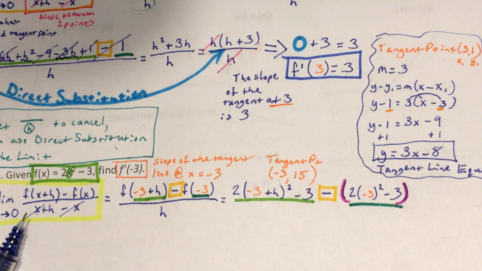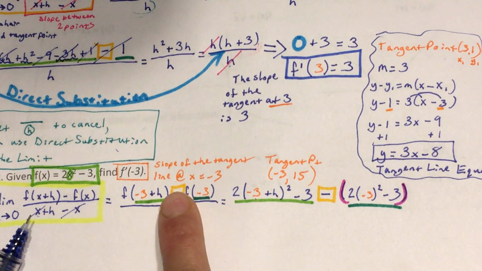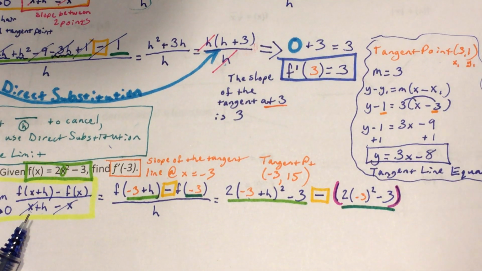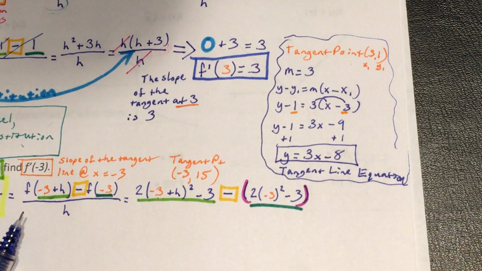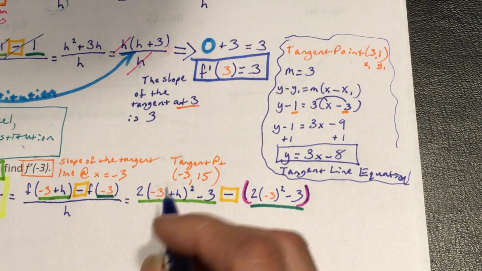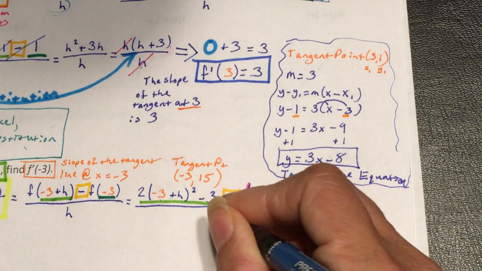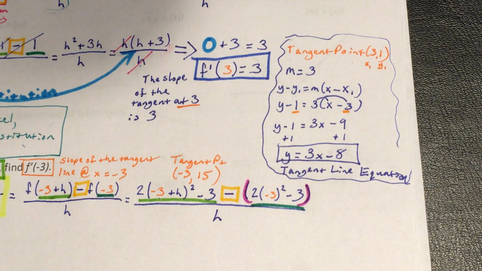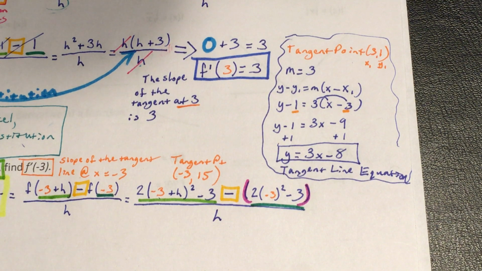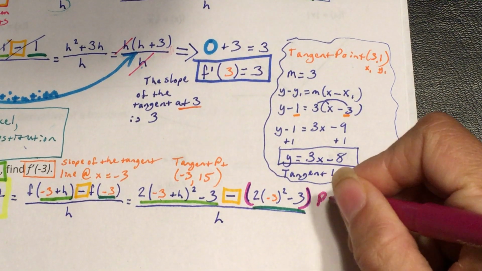So you can see why there's a lot of negative 3's going on here, and this is why I kind of like to underline and box that negative just to kind of keep my work a bit more organized so I can tell what it is I am doing. Also, don't forget, after we do all that plugging in, this is still all over h. So before we move to the next step of simplifying, folks, I would like you to write PEMDAS.